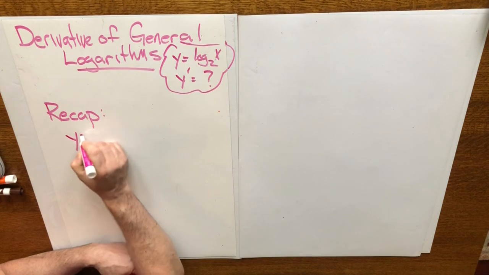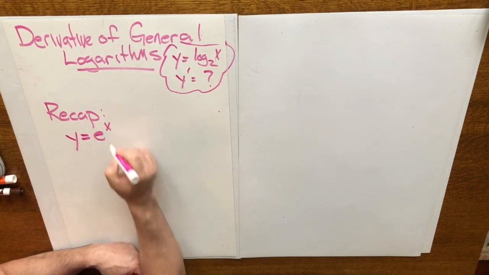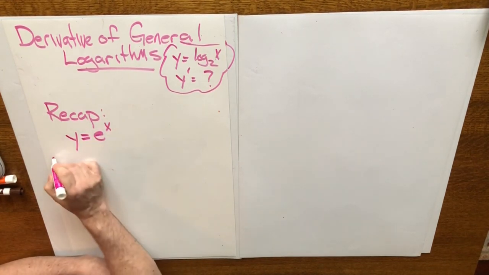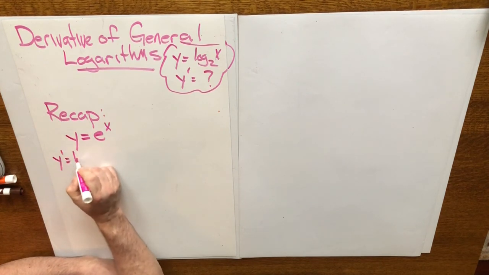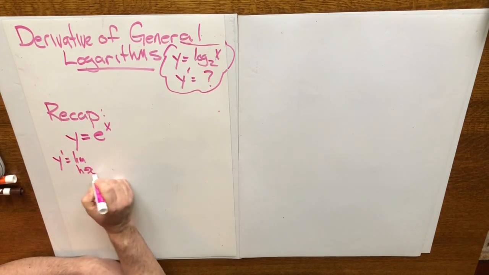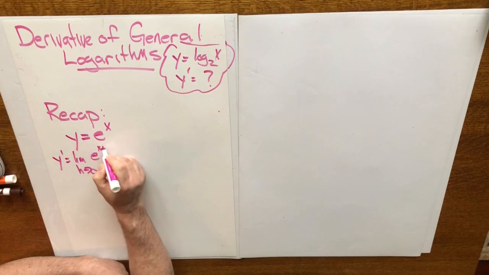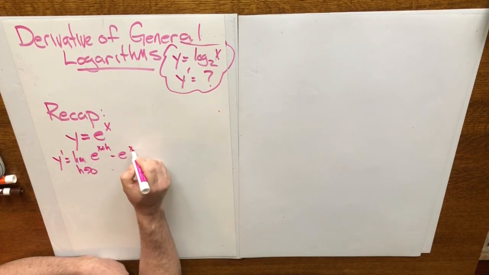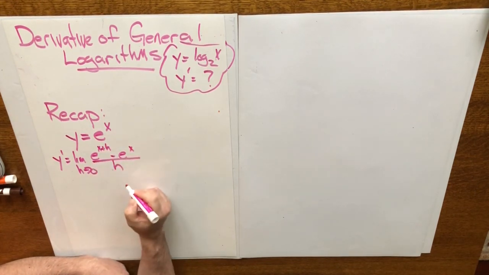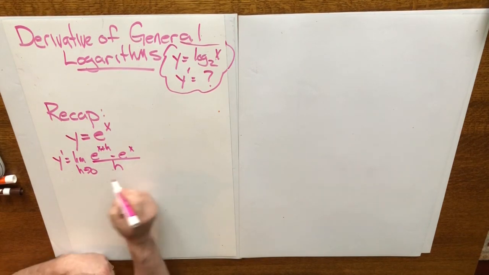So our first derivative we did was of e to the x, and we did that one by first principles. We said y prime equals the limit as h approaches 0 of e to the x plus h minus e to the x all over h. And that's the first principles formula.